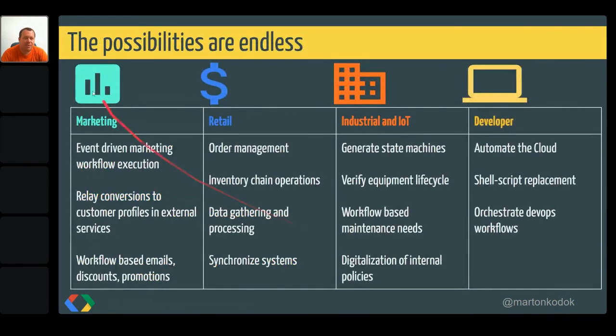Essentially, from marketing, retail, industry, to developer, you could have a lot of uses. You could automate the cloud. You could have a shell script replacement, orchestrate DevOps workflows. You could have a digitalization of internal policies, workflow-based maintenance needs, like you could schedule in the next 4 months to run some items for you, generate state machines.